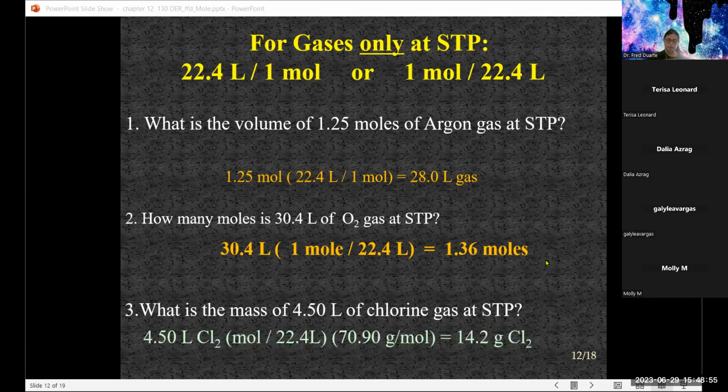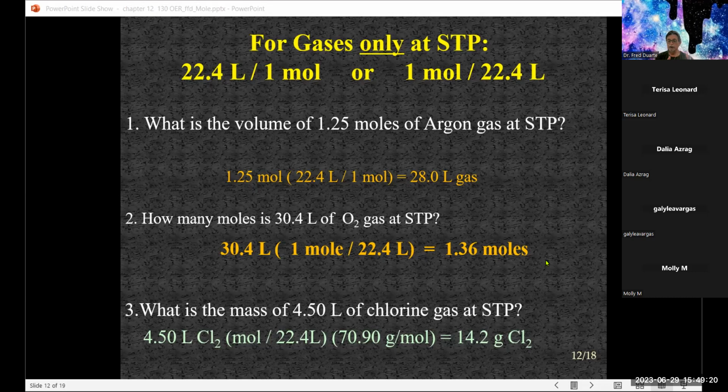Okay, so the first factor converts us from liters to moles. Remember, just like in the previous examples we were doing with Avogadro's number, where we went from atoms to grams, we had to go through the common factor, which is the moles, and we're doing that here.